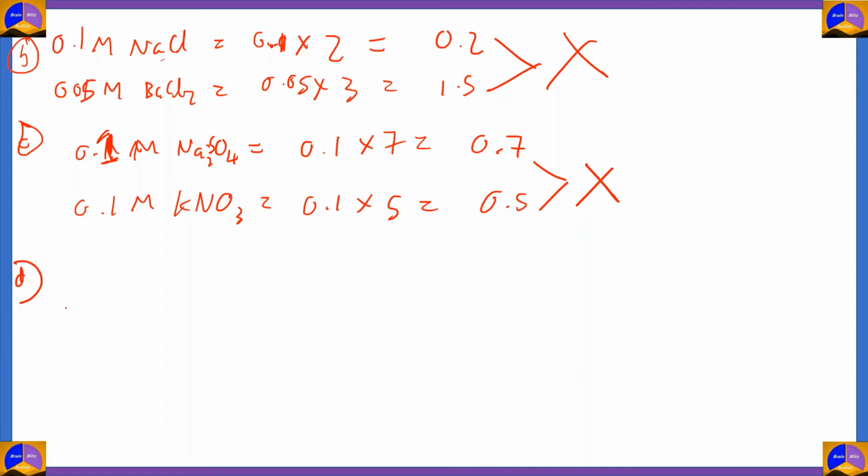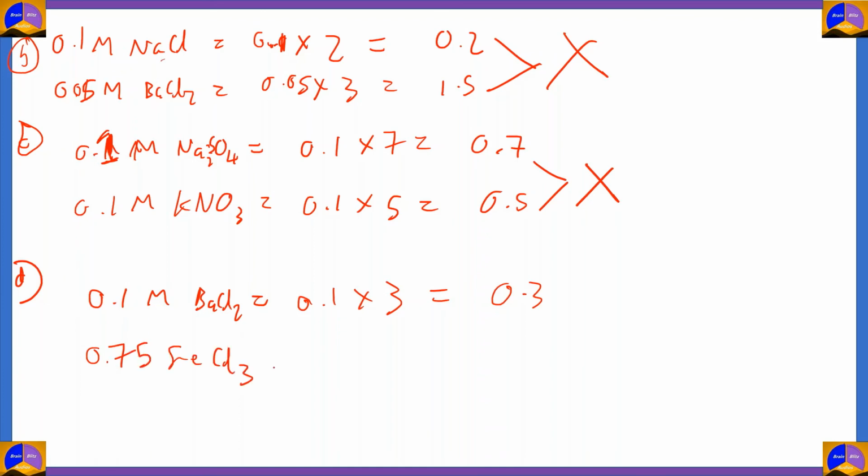Let's prove that option D is correct. So 0.1 molar BaCl2. So that is 0.1 times 3 because 1 Ba 2 Cl, so that is 0.3. And our next one is 0.075 FeCl3. So that is 0.075 times 1 Fe 3 Cl, so that's 4.